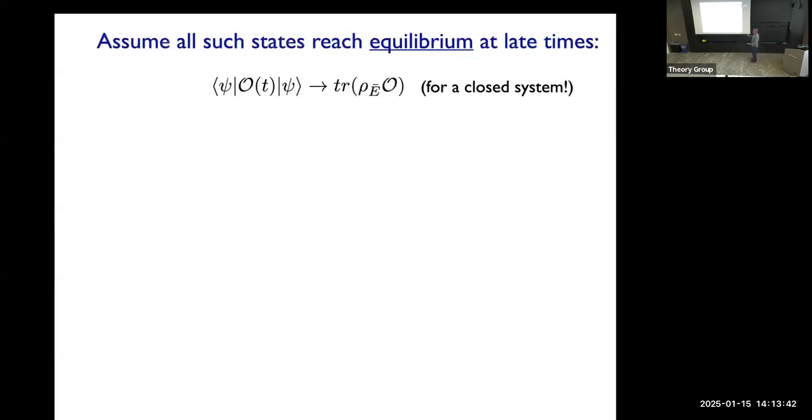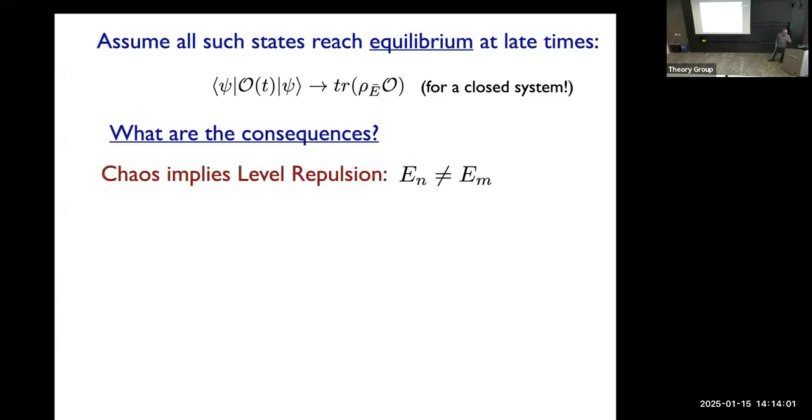So he assumed, let me assume that any initial state that I consider, which has some kind of well-defined energy like this, should arrive at some kind of equilibrium state with some sort of density matrix. So what are the properties that the dynamics should have?